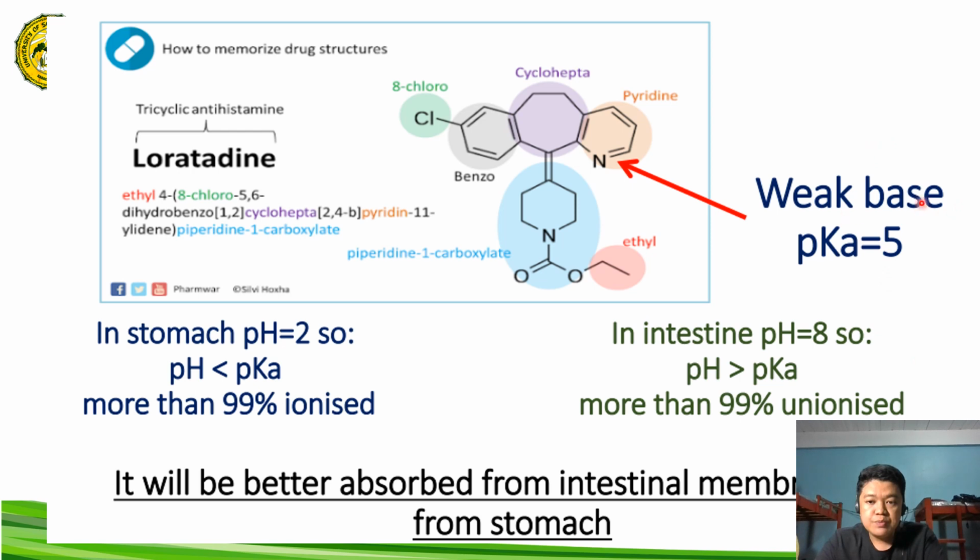When we put a basic drug in an acidic environment, that drug will be trapped in that environment. That is an example of the concept of ion trapping. Therefore, our loratadine will be better absorbed from the intestinal membrane compared to our stomach.